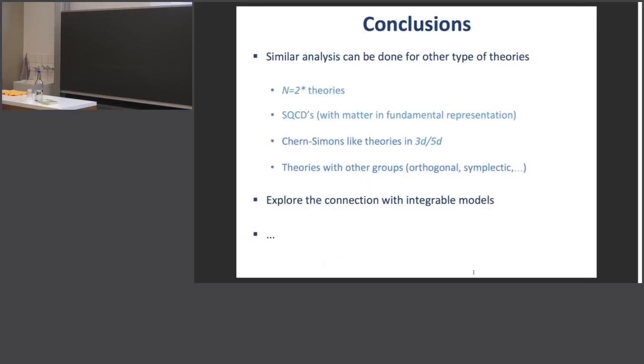Well, what I discussed here for this class of theories can be extended to other systems which are very similar. For example, to theories which have N=2* structure, so mass deformation of N=4, or adding to the description that I presented matter in the fundamental representation and describe therefore N=2 SQCD-like models.